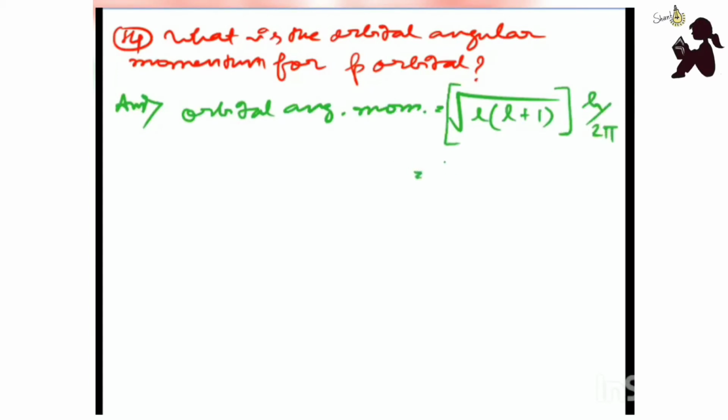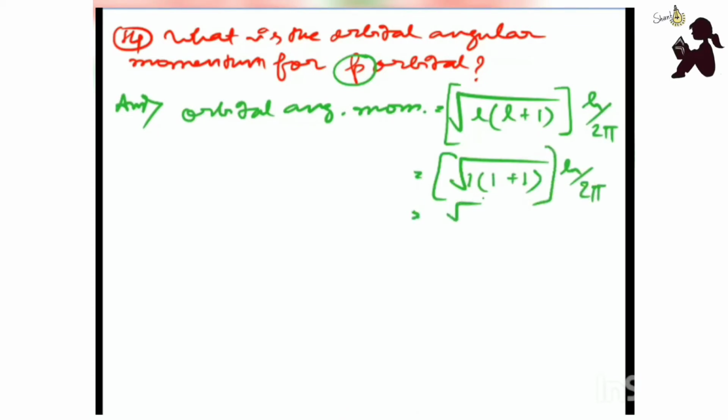So here for p, we know the value of L is 1, so it will be 1 into 1 plus 1 h by 2 pi. So it will be root over of 2 into h by 2 pi. Just let it remain in this form, because they can give you this h by 2 pi form like this also. Okay, so don't get confused.